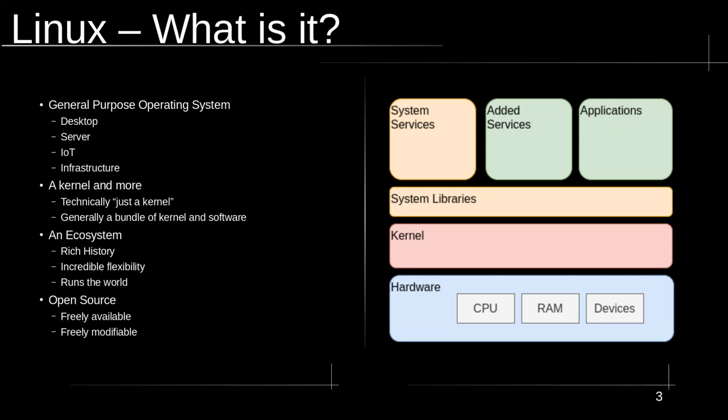And because it's open source and contributed to by people all over the world, there's a phenomenal amount of flexibility in terms of what you can do with it, and an incredible adoption rate. Like I say, most of the IT world actually runs on Linux these days.